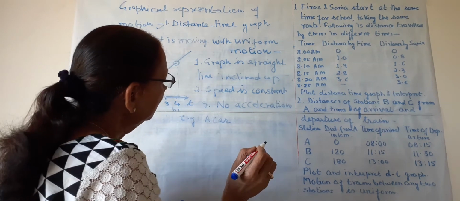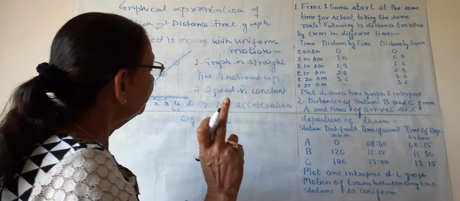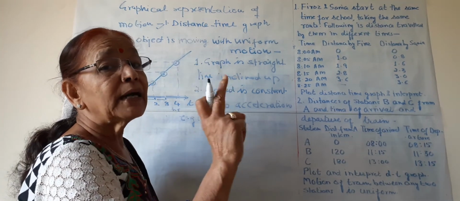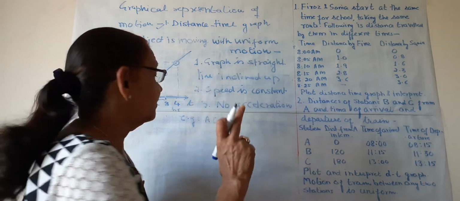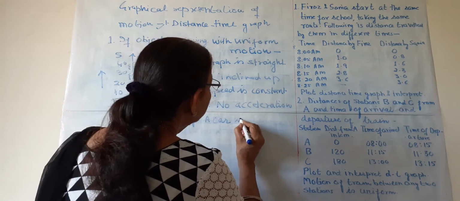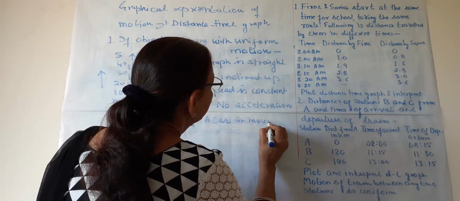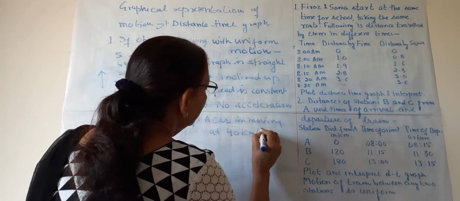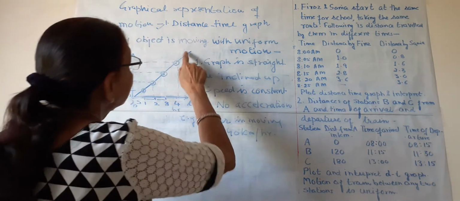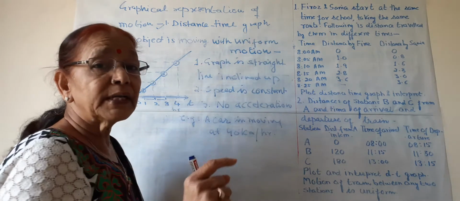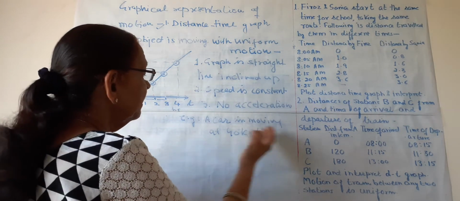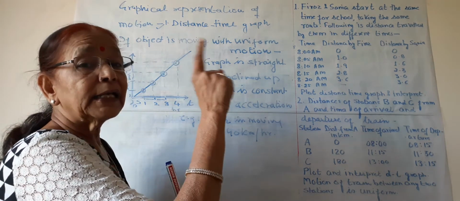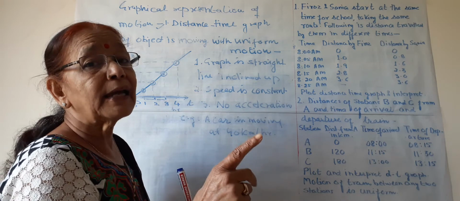What we have written? I think we have written car is moving with 40. No, in the first we have to write car is not moving. Car is at rest. Here we will write a car is moving at 40 km per hour. In the first case, when the object was at rest, I think I have written in example car is at 40. So that was wrong. We have to write there that car is not moving, it is at rest.